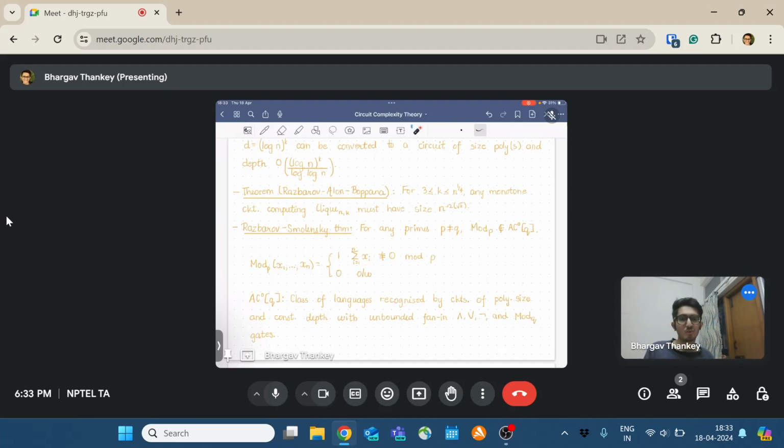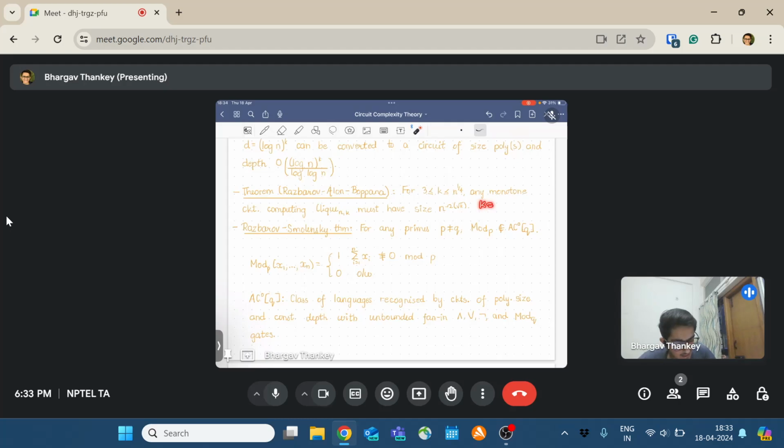So after this, we moved on to lower bounds for monotone circuits. The first lower bound that we saw was due to Razborov, Alon, and Boppana. What this theorem said was that for any k between 3 and n to the 1 over 4, any monotone circuit computing the clique function must have size n to the omega root k.